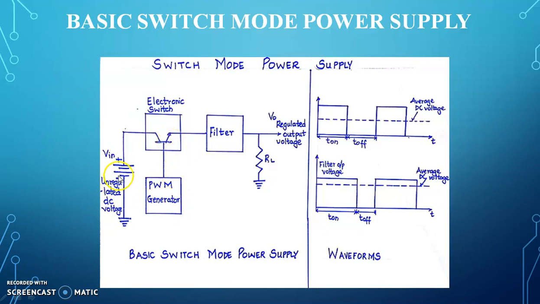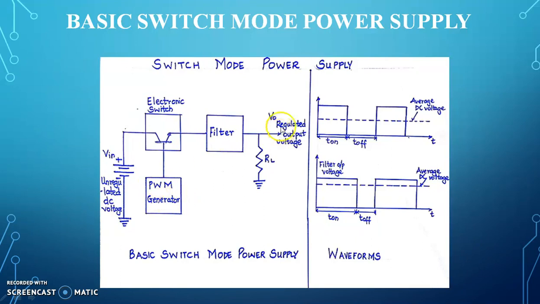Over here, we have the Vin unregulated DC voltage given to the switch and the PWM, that is pulse width modulation generator, which generates rectangular pulses to the electronic switch. So, the PWM generator will generate rectangular pulses.